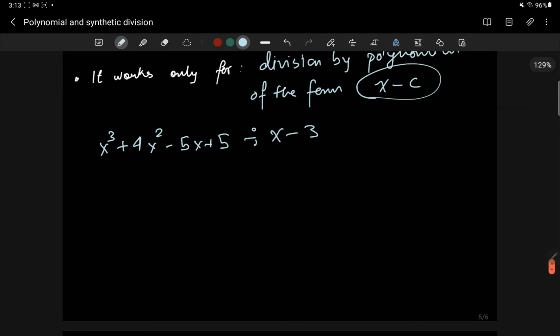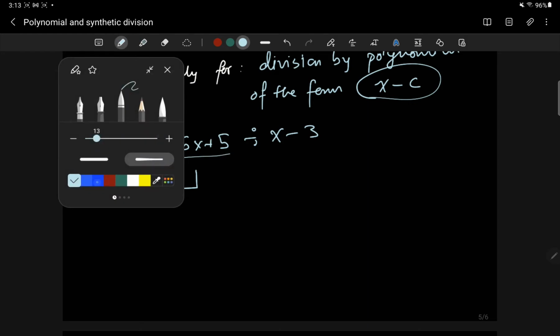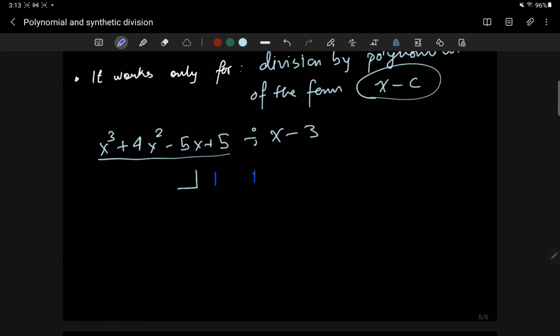So in this case, we just write down the coefficients of all the terms here. The coefficients of these terms are 1, 4, negative 5, and 5. Next, I write down the number that is c, right? So 3. Then I draw a line, and now this is how the process goes.